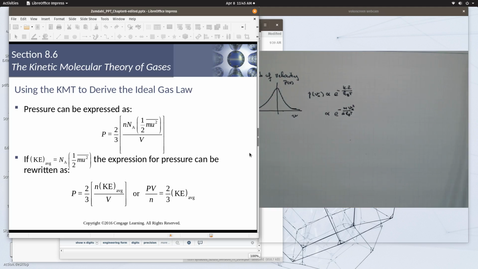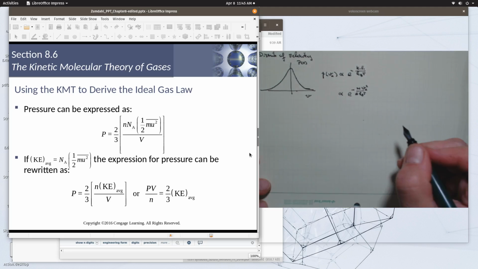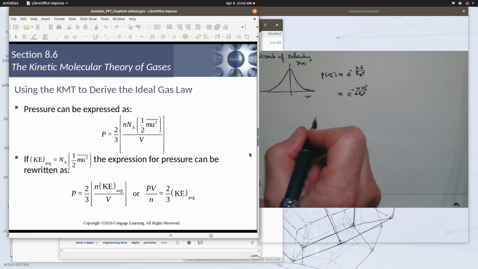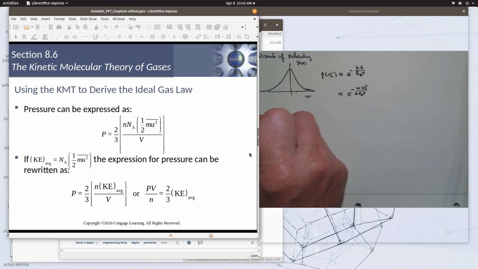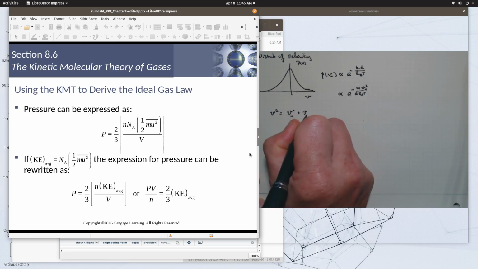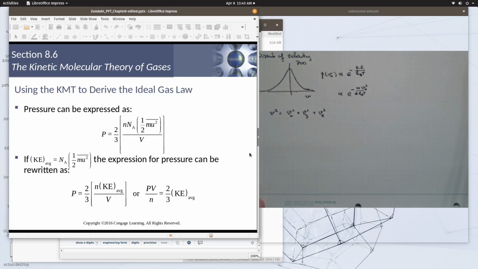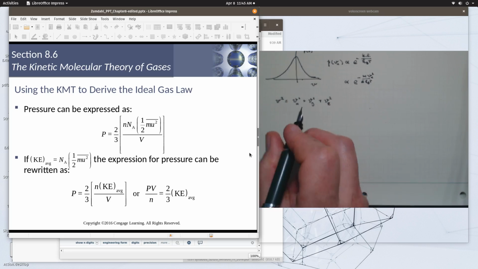Now, atoms can move in x, y, and z, and so the total kinetic energy, the total velocity, v squared, is vx squared plus vy squared plus vz squared. I need to integrate over all possible x, y, and z velocities, so I'm going to do a little trick.